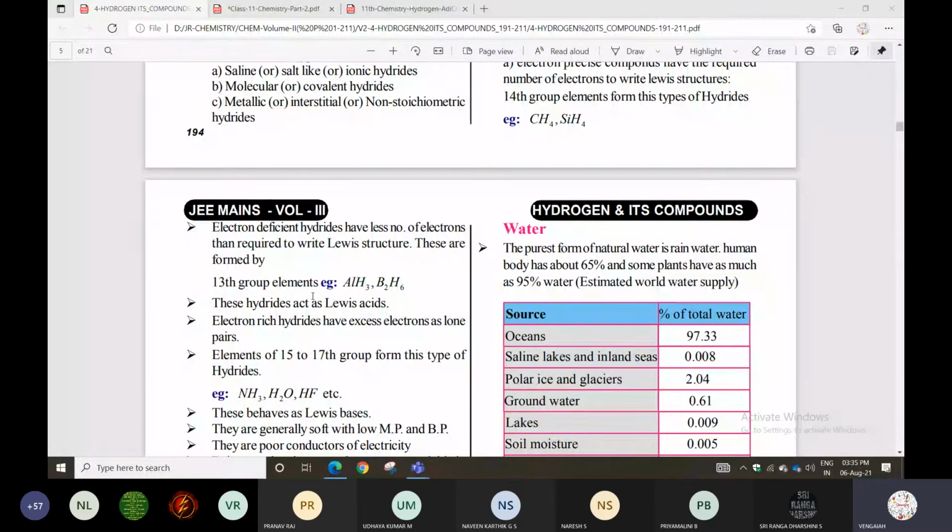Deficient condition is when reacting with the 13th group: boron, aluminium, gallium. Rich condition is reacting with the 15th, 16th, 17th, nothing but the nitrogen family, oxygen family, and halogens. These elements reacting with hydrogen form electron rich hydrides.